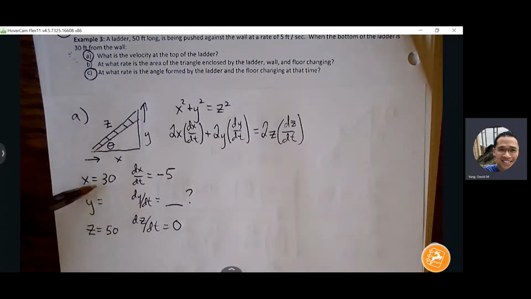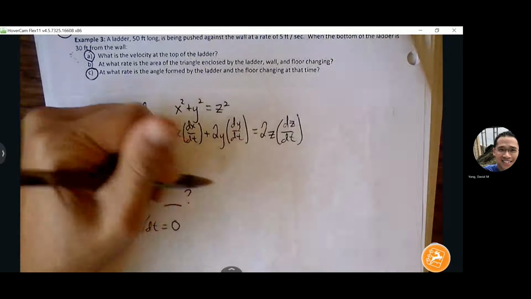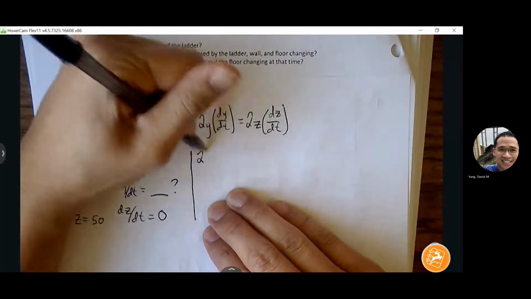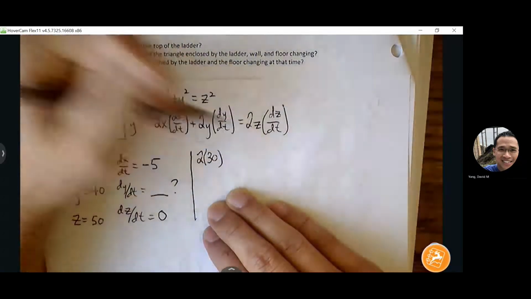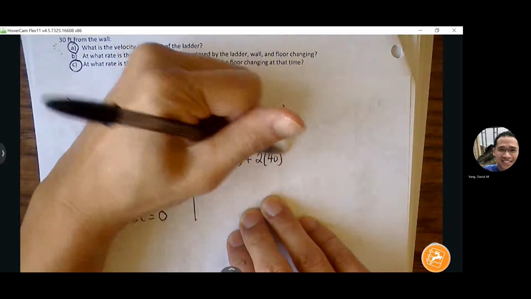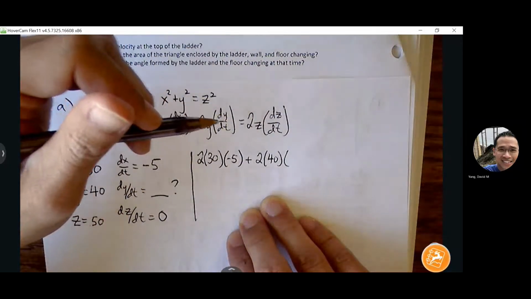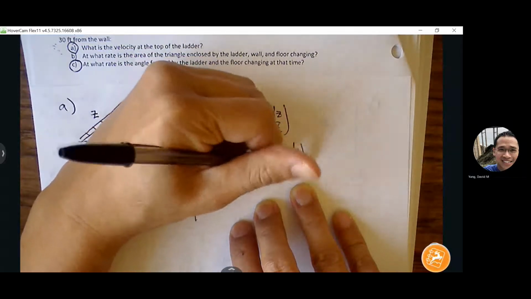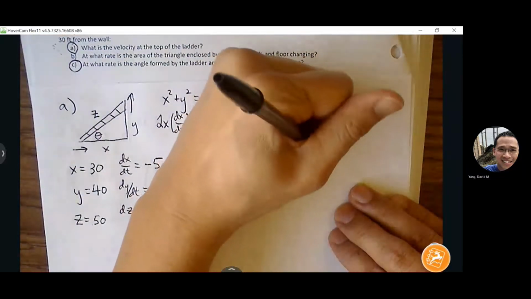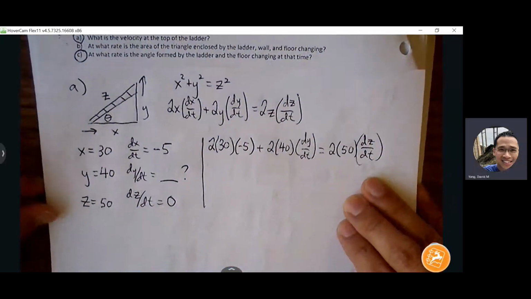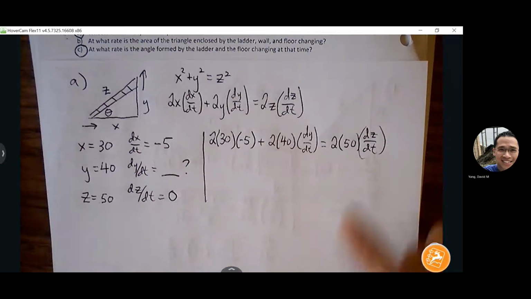Okay. How can I find y? Pythagorean theorem. This is a 3, 4, 5 triangle, so 40. Okay, so start filling everything in. Oops, dz/dt is 0, right?